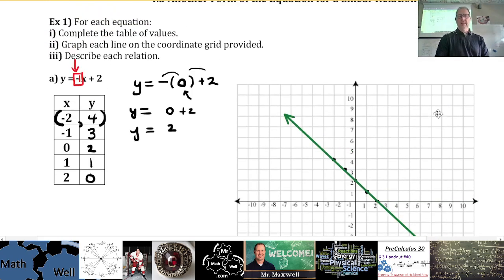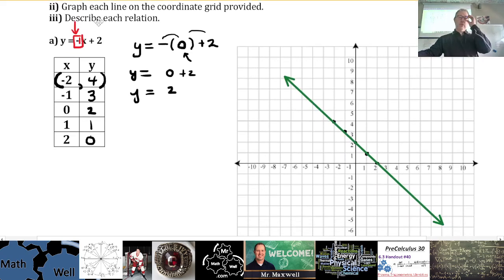Okay? Now describe each relation. So for now, what we'll do for 3 is we'll describe the patterns that we see in both the table and in the line. So let's tackle that.